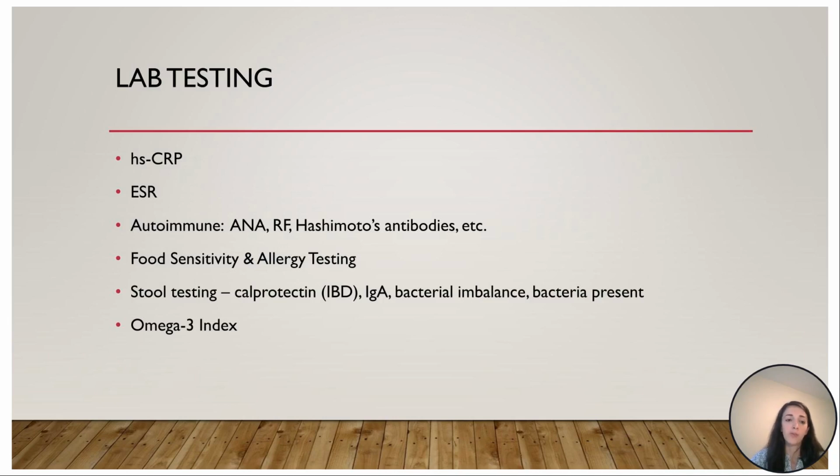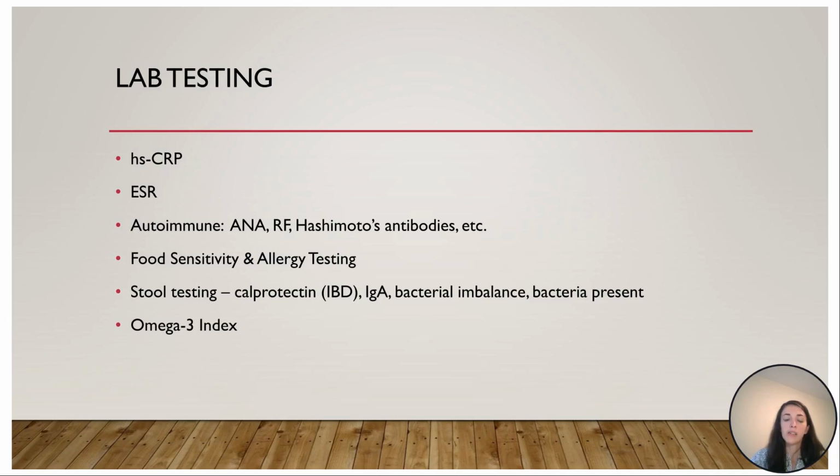We certainly don't do stool testing in everybody either, but there are some stool tests that can show that there's inflammation in the gut, including calprotectin. Calprotectin is mostly related to irritable bowel diseases like Crohn's and ulcerative colitis.